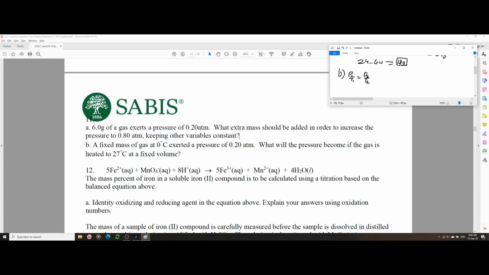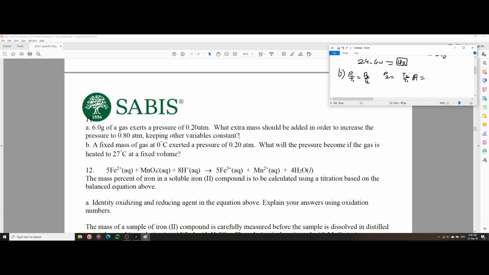Also same thing as that one, the orientation doesn't matter. So let's continue. We're looking for P2, correct? So P2 equals T2 over T1 times P1.